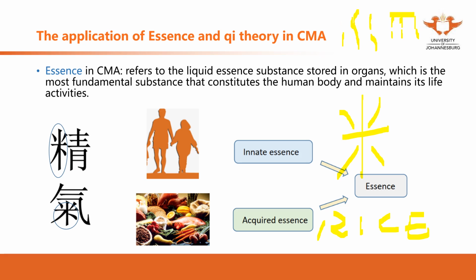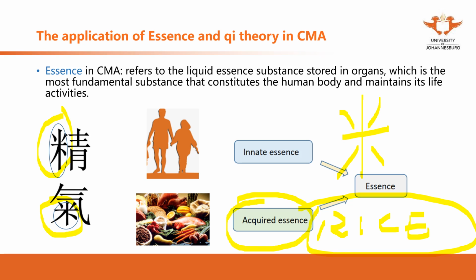How we write is according to its meaning. Similarly, essence and qi. When we see the rice from essence and qi, which means where do they come from? They come from your food. They come from your rice. Acquired essence.